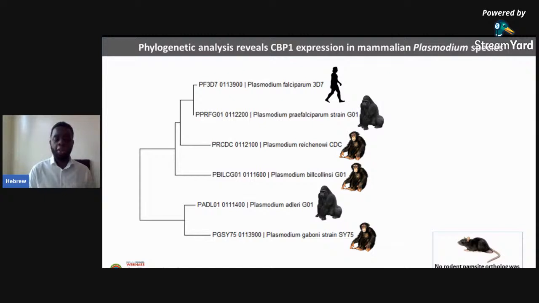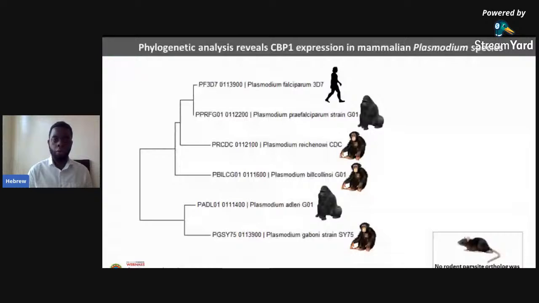And to us, the fact that there are no rodent orthologs inferred that the protein is actually very essential to pathogenesis in mammals. So maybe after the evolutionary process, the protein was conserved in mammals. And then later on, as you have noticed, we didn't find any other human parasites as well.